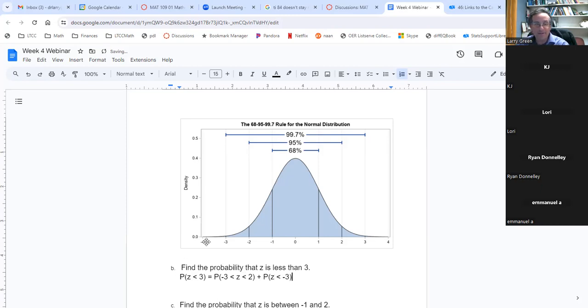The idea is, if you look at the picture, if I take all the stuff less than -3 and add it to all the stuff between 3 and -3, I get all the stuff that's less than 3. Is that clear?